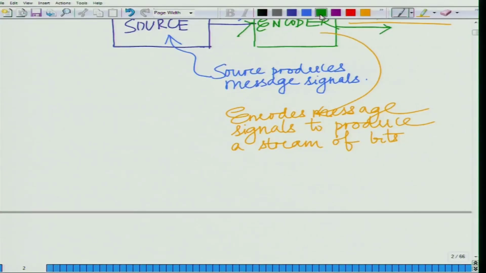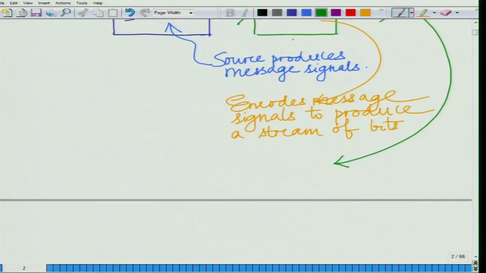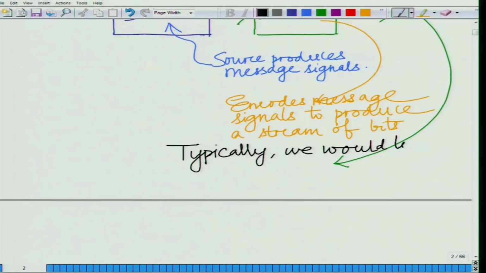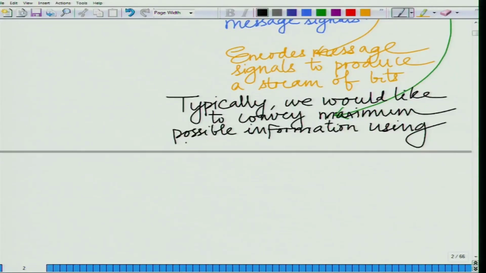So, typically we would like to convey the maximum possible information using minimum resources such as time or bandwidth.